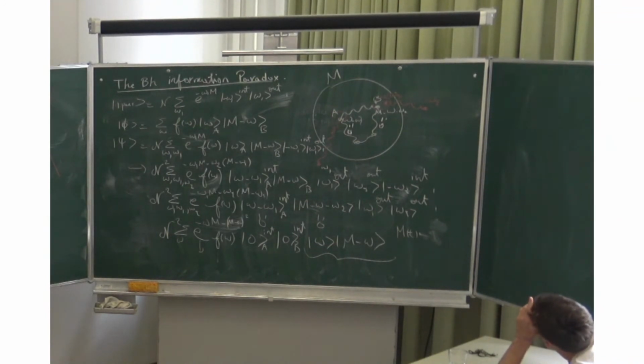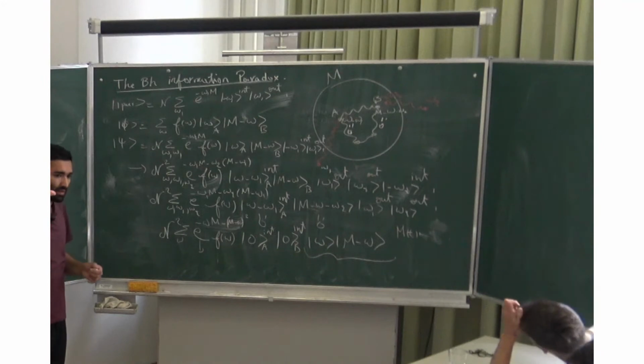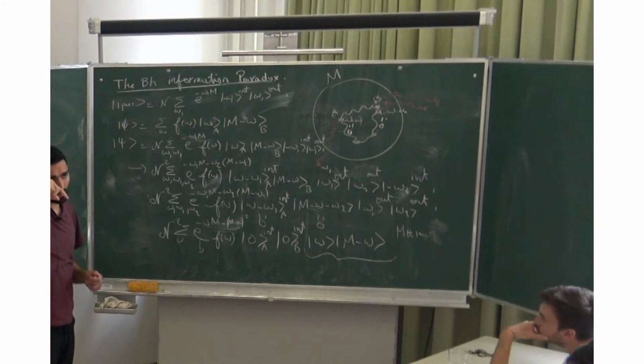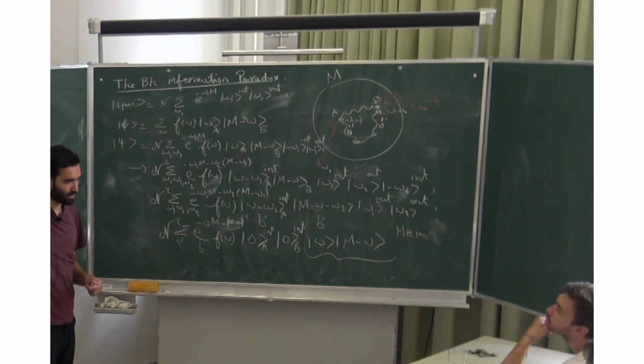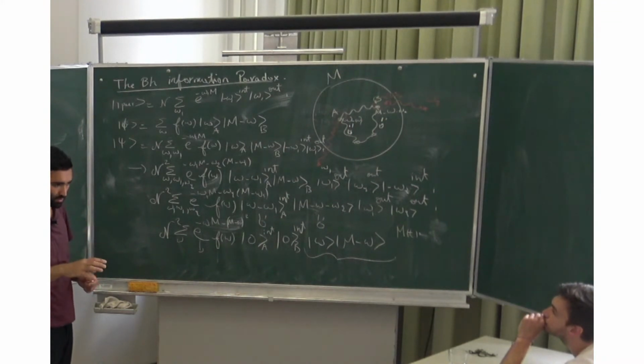So the thing is, according to this, the state of the radiation at the end will be almost the same as the state of the black hole matter. Before the annihilation happens inside, if you look at the pair, the partner outside, you find it in the Hawking state, exactly.